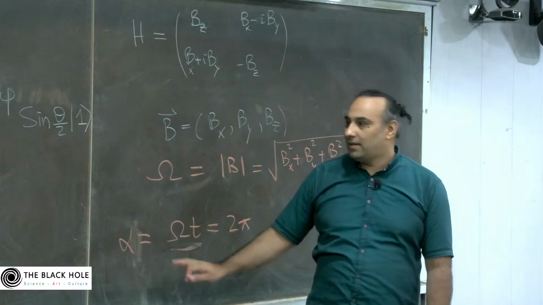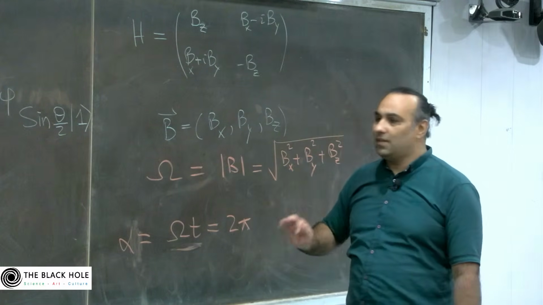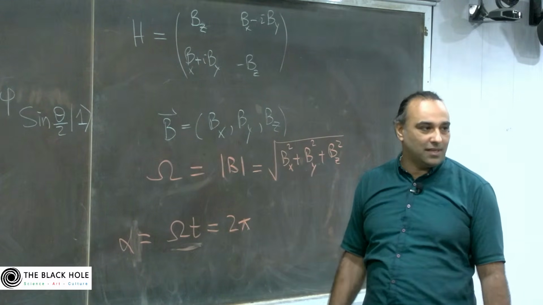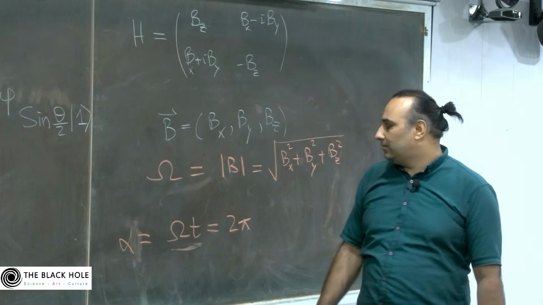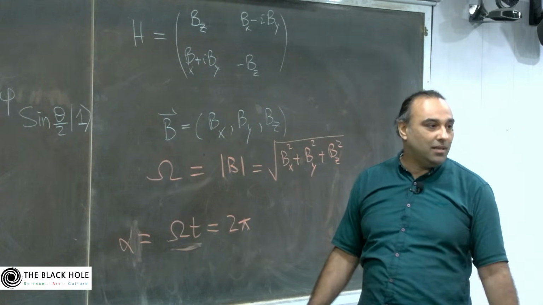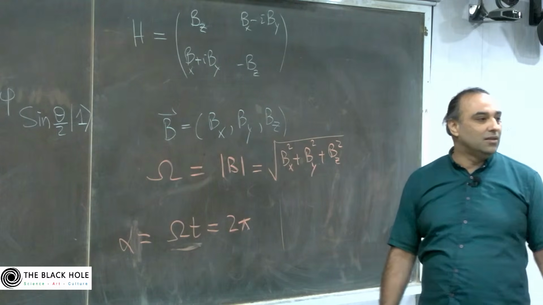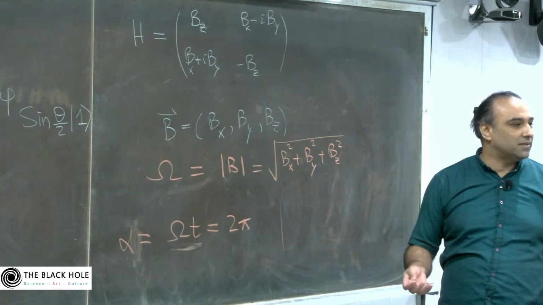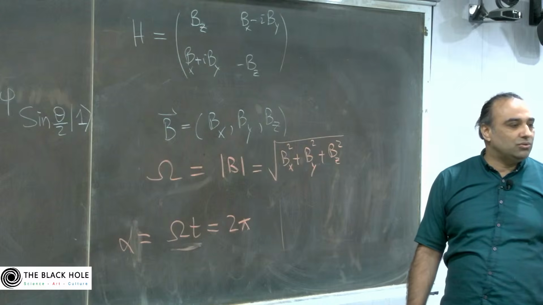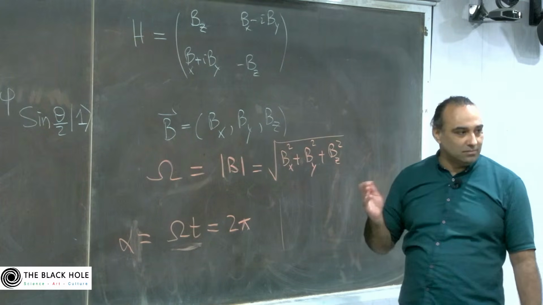So that's the kind of rotation. This is an operation on this qubit. You can think of other operations as well where you change the state of a system. So basically you can choose any transformation.